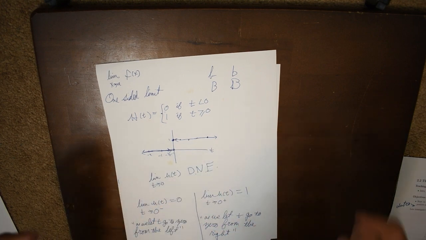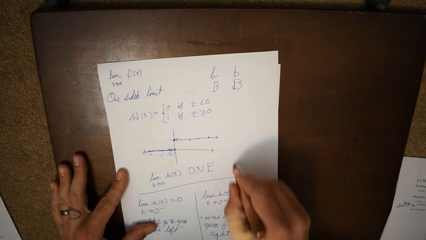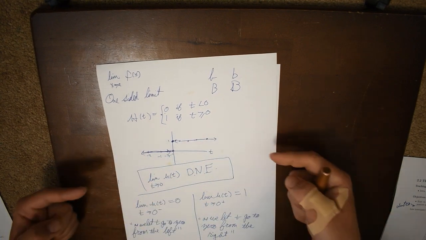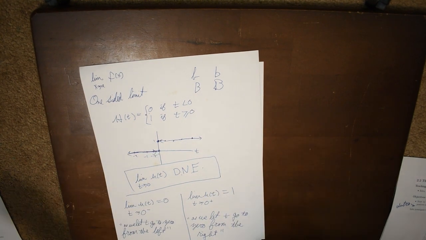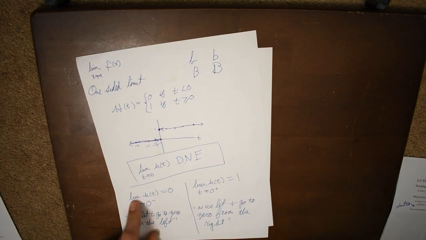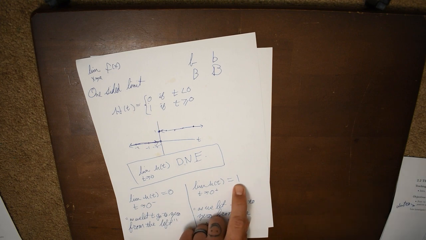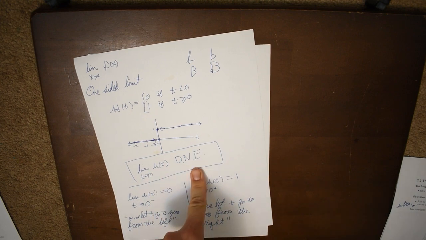The y values don't approach the same value from both directions. We need them to approach the same value from both directions in order for the function to limit to that value. So be aware that we can have a left side limit equal a value and a right side limit equal a value and have the function as a whole not have a limit.